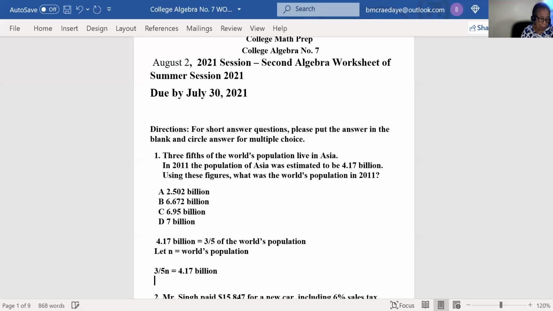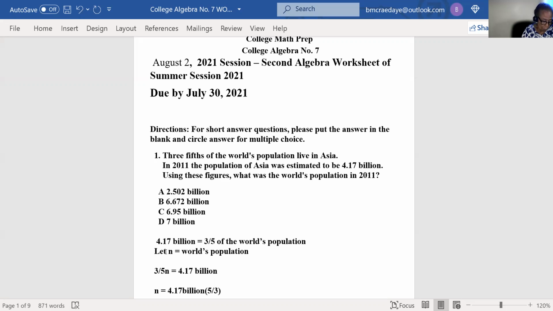So solving for n, dividing both sides by 3/5, which is actually multiplying by 5/3, because you must invert your divisor when it's a fraction. So n would be equal to 4.17 billion times 5/3, because dividing by 3/5 means multiplying by 5/3.